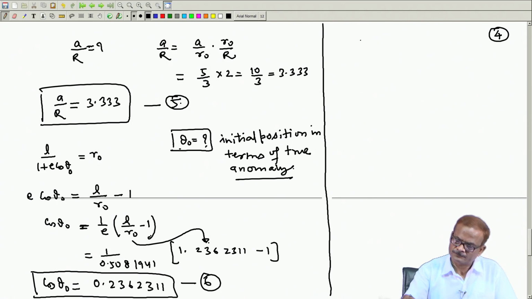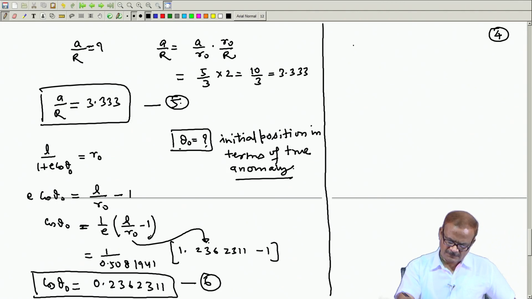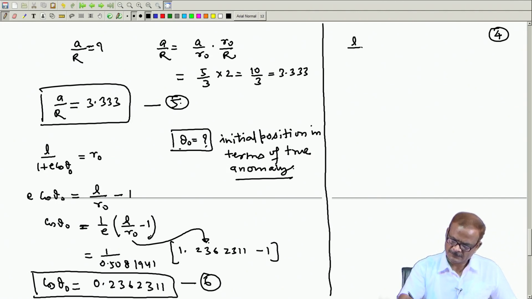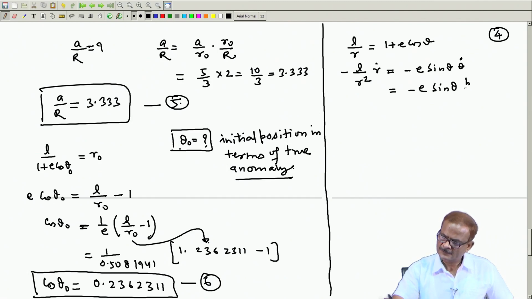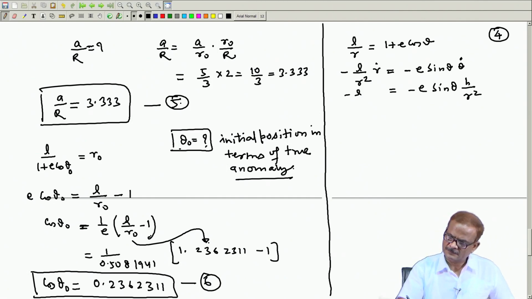Therefore, we utilize the relationship. This is the way you can work it out in the exam, the way I am doing. Write L by r equal to 1 plus e cos theta; you need not remember everything. Differentiating, L by r square times r dot equals minus e sin theta times theta dot, and theta dot is nothing but h by r square.